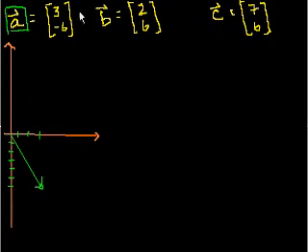Now let me do in magenta vector B. That is 2, 6. 1, 2, 3, 4, 5, 6. So 2, 6 is right over there. And that's vector B. And so it'll look like this. That's vector B. And let me write down vector A down there.